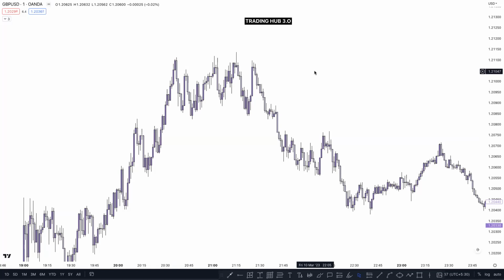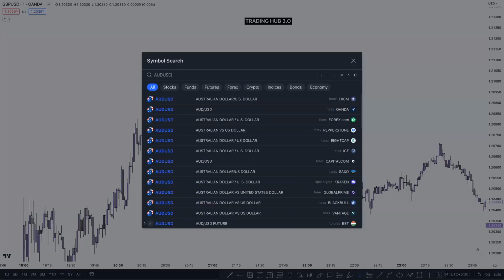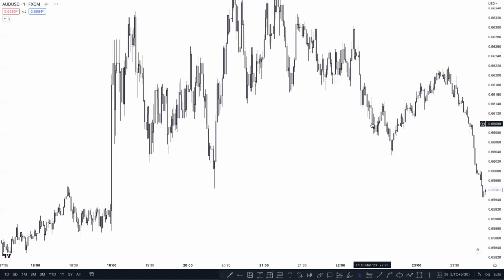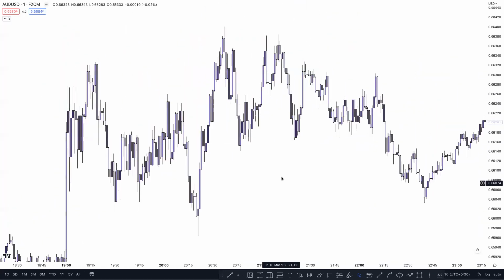Okay, so for example, you can take any currency pair. I'm taking AUD/USD because I finished the complete course content on AUD/USD, right?